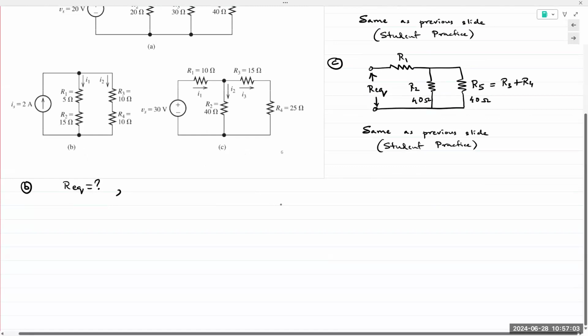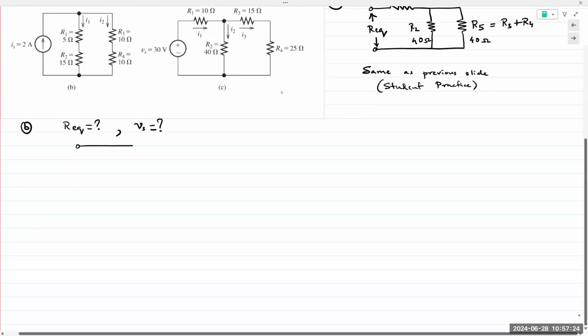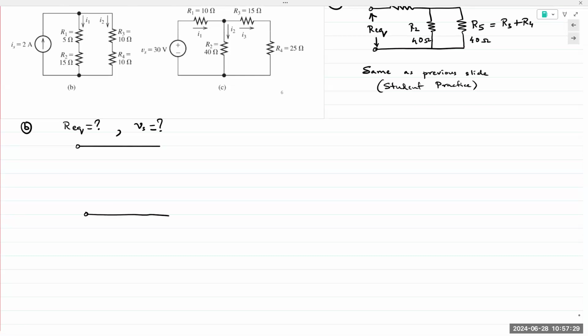So you apply Ohm's law and you determine what the voltage is going to be. In this case, I'm going to have current, actually, you know what? Let's remove that. And we can see that R1 and R2 are in series and R3 and R4 are in series.